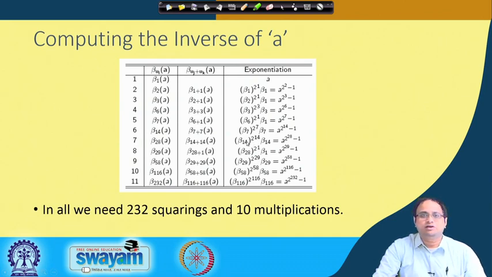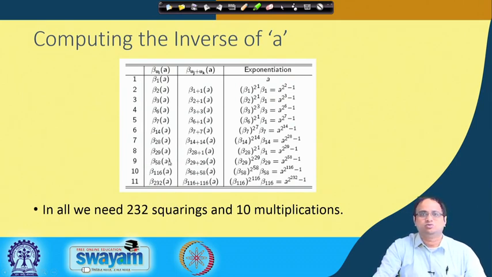So, all in all, here we need 232 squarings, and you need 10 multiplications. You can count, for example, 1, 2, 3, 4, 5, 6, 7, 8, 9 and 10. So, you need 10 multiplications, and if you add up the number of squarings which you are doing here, for example, here you are doing a squaring, here a squaring, here 3 squarings and so on, you will get 232 squarings.